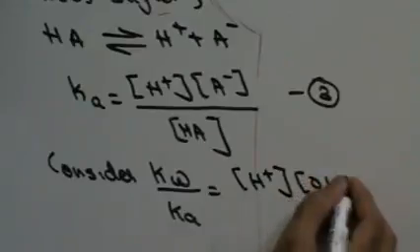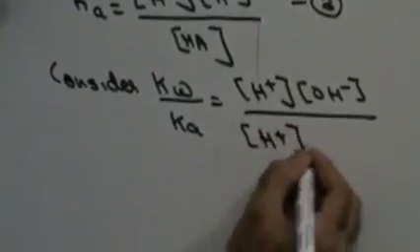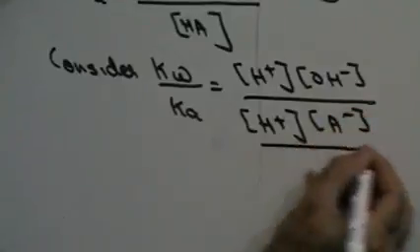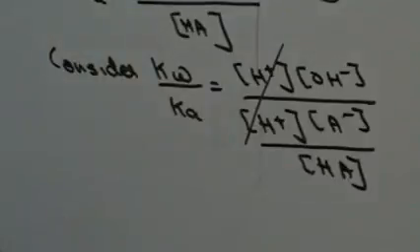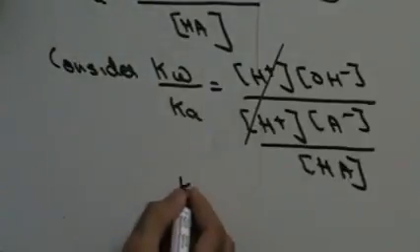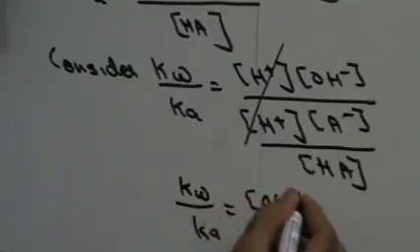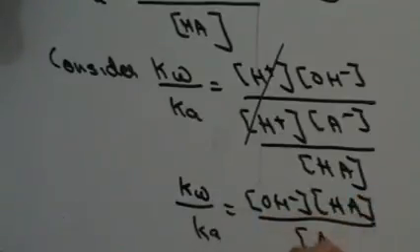Consider Kw upon Ka. Kw upon Ka is going to be nothing but H plus into OH minus upon Ka, which is H plus A minus upon HA. H plus gets cancelled, denominator of denominator becomes numerator, so I will get Kw upon Ka is nothing but OH minus into HA upon A minus.